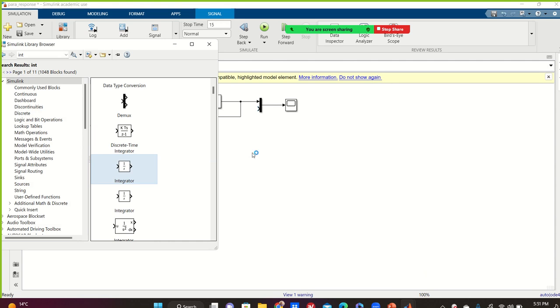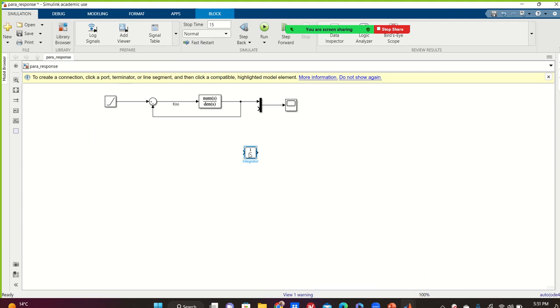I'm just dragging it here. Then I'm going to right click on this, and now you're going to have parabolic here. Now this output signal is parabolic. Obviously, it's not ramp anymore. See what I'm saying?